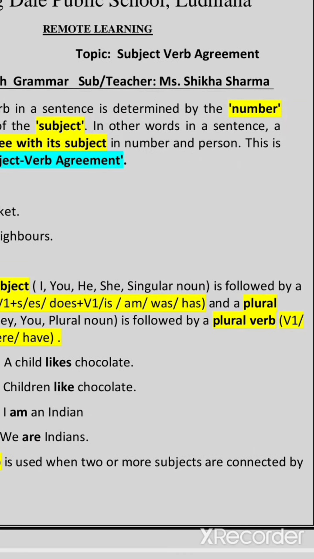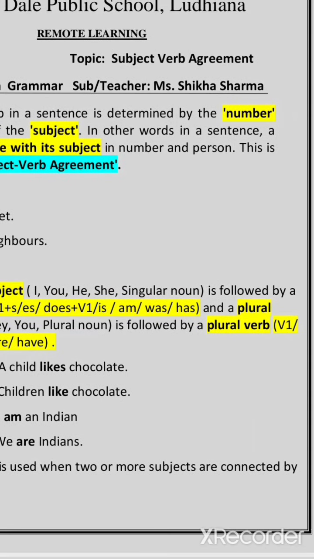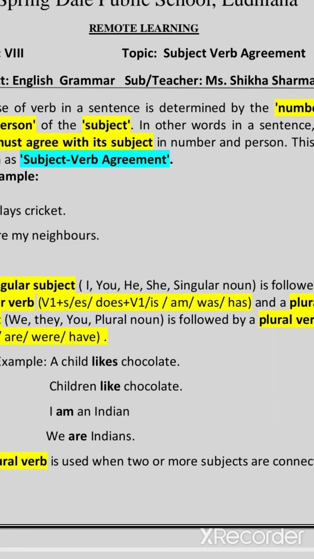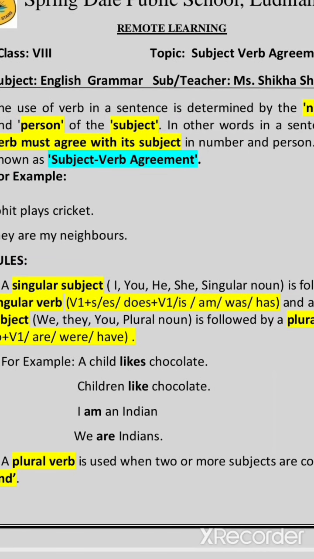And if the subject is plural, like we, they, you, or plural noun, then it is followed by a plural verb, like first form of the verb, or do. Again I am referring to the tenses, that is, if your subject is I, you, we, they, and plural, we use first form of the verb, and for framing interrogative and negative sentences, we use do. And besides this, are, were, and have, these verbs are also used with plural subjects.